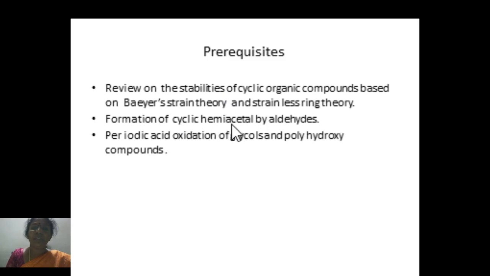How are hemiacetals formed? These are formed as a result of combination between the aldehydic group and hydroxyl group within a molecule.